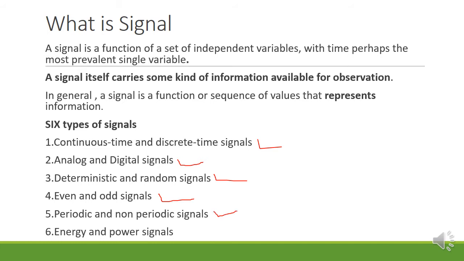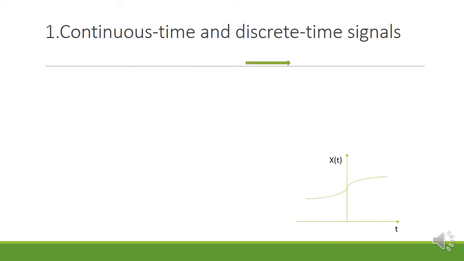The sixth one is energy and power signals. In this way there are 6 types of signals. In today's class we are going to complete the first 4. Let us begin with the continuous time signal.